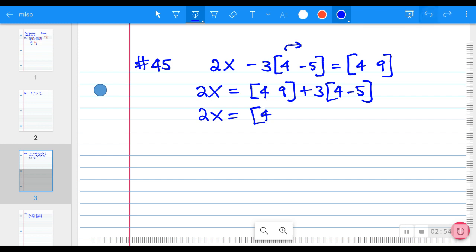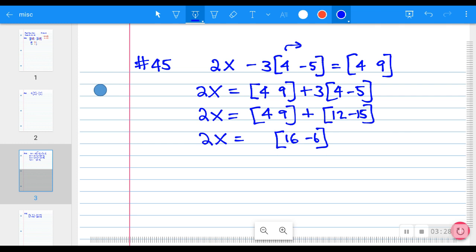Let me try and make that a little neater. 4, 9. And 3 times that matrix gives a new matrix of 12, negative 15. And now you add those together here. And that gives 16 in the first slot. The left-hand numbers add up to 16. And that 9 added to this negative 15 on the right-hand side will give negative 6. I'm going to see if I can make this look like a negative 6.